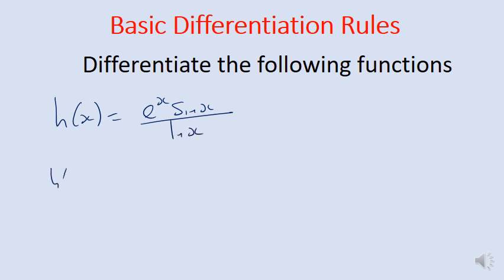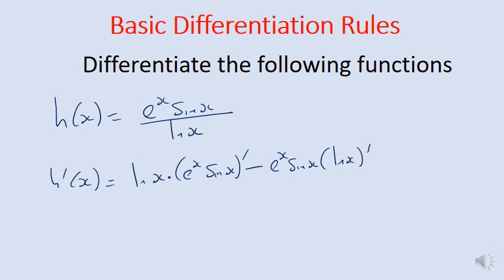If you want h prime of x, ln x constant, differentiate e to the x sine x, minus, it's a quotient, we've dealt with the numerator, and we now have got to differentiate the denominator, and then it's ln x all squared. Now you've got to be very careful here, especially with the product.